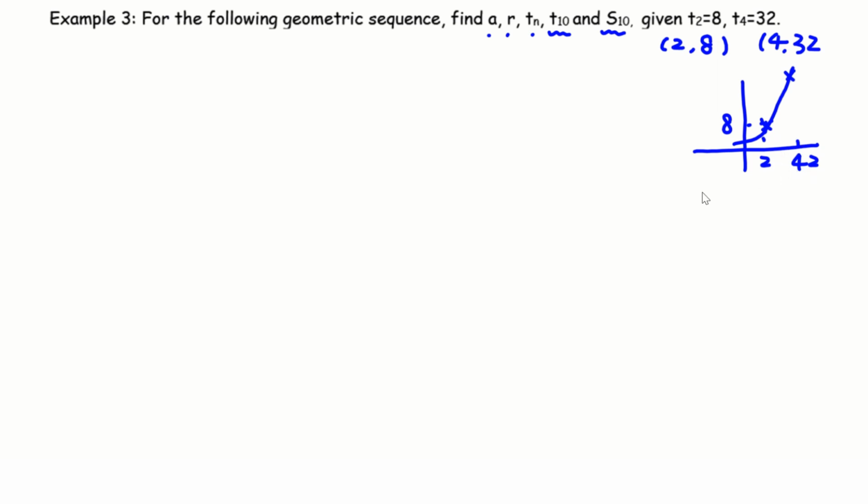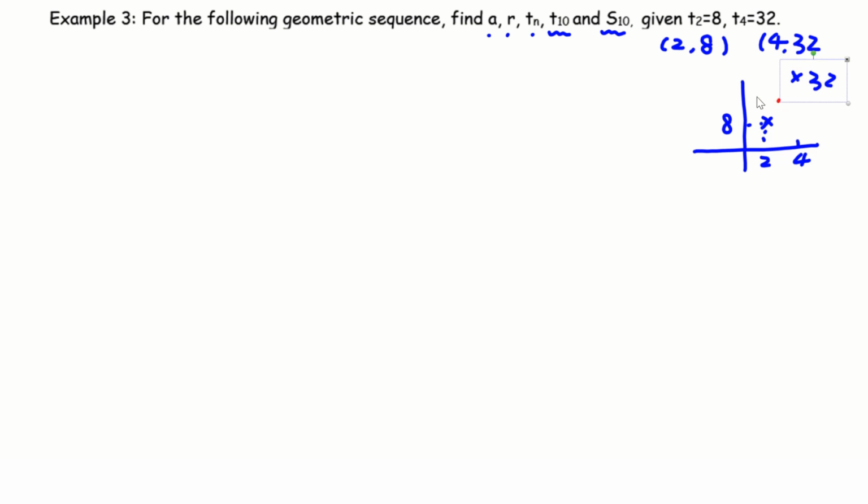And it asks you to find the general term. So this is 4, then it is 32 here. You have 2 points on the graph. From the second term to the fourth term, you need to times r.